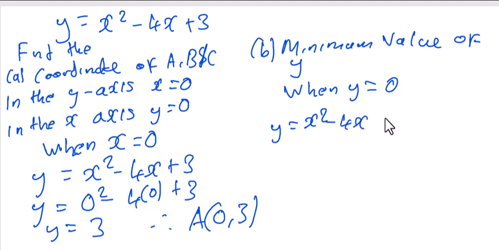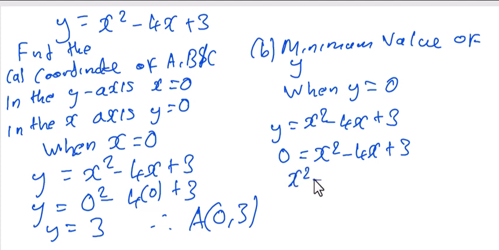We replace y with 0, so we have 0 equals x squared minus 4x plus 3. We interchange the sides, so we have x squared minus 4x plus 3 equals 0.